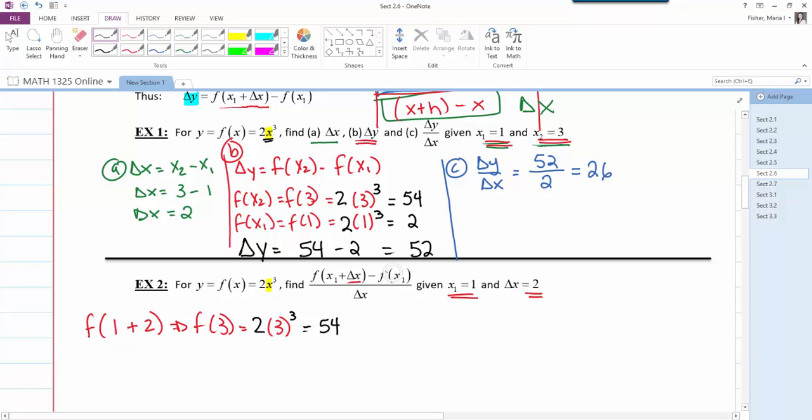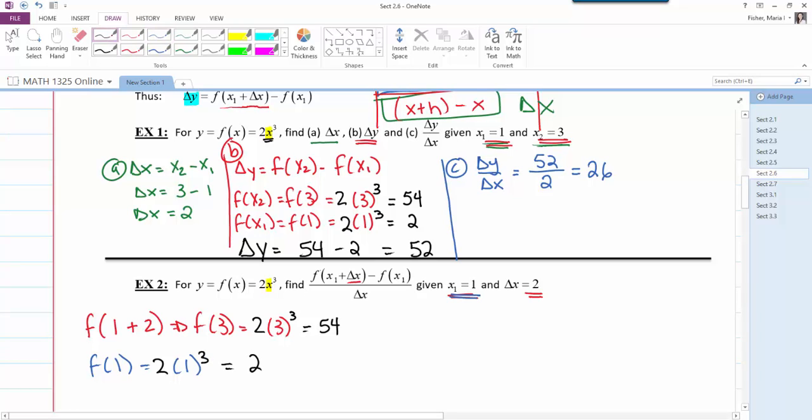And then I need to figure out what in the world is f of x sub 1. Well, f of x sub 1 was given as 1. F of 1 is just going to be that 2 times 1 cubed. Well, 2 times 1 cubed is equal to 2.